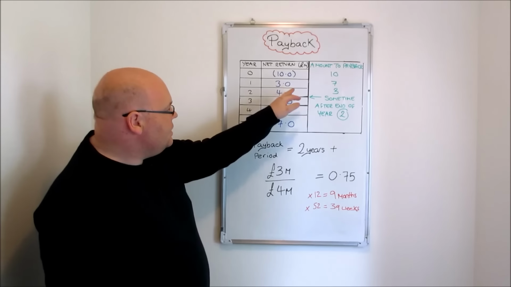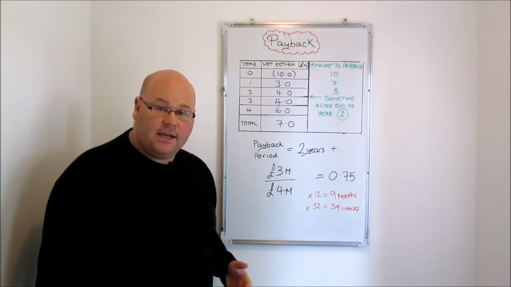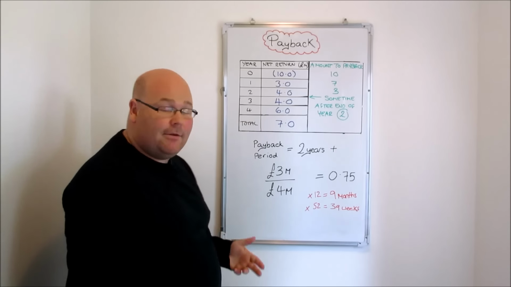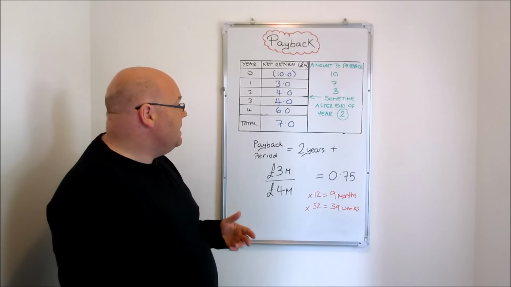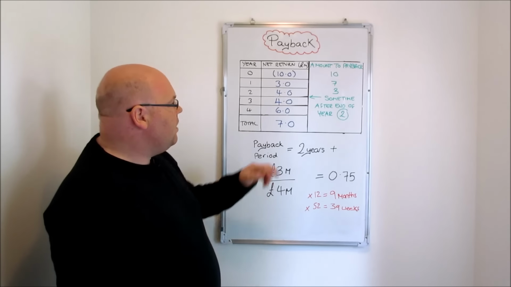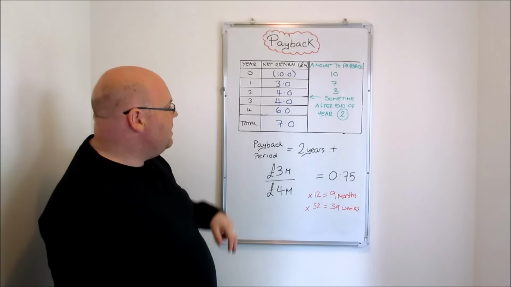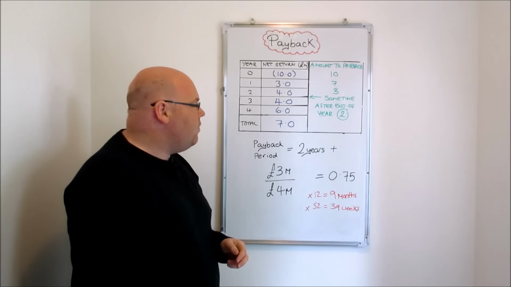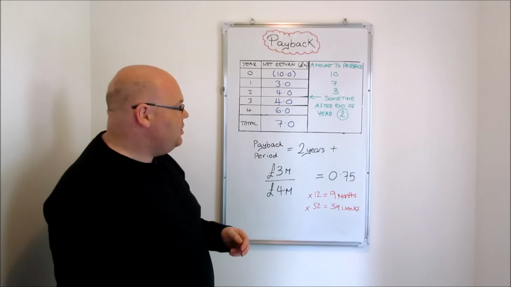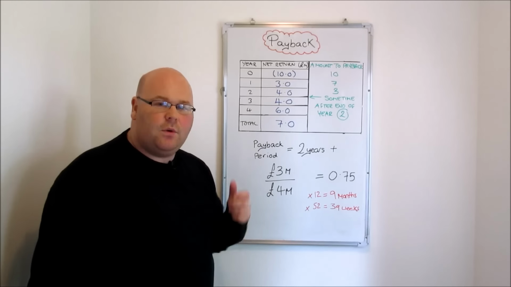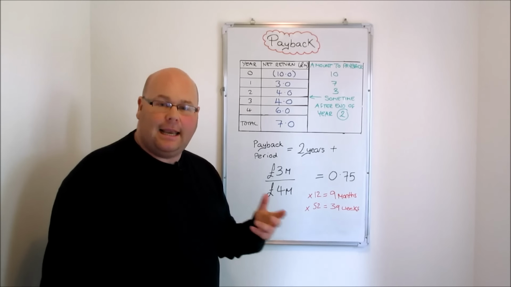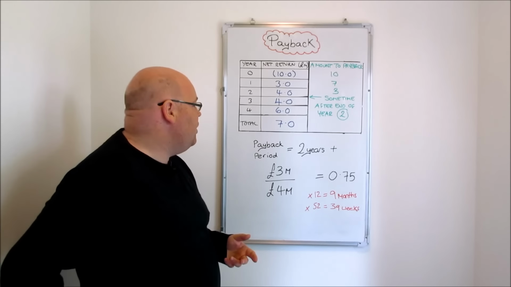We jump into the second year, the net return's slightly higher in this year. We've earned a net return of 4 million this time. So if we keep our cumulative total going, we still had £7 million to try and pay back at the end of year 1. We've made an extra £4 million net return in year 2. That still leaves us with £3 million left to pay back, left to return.